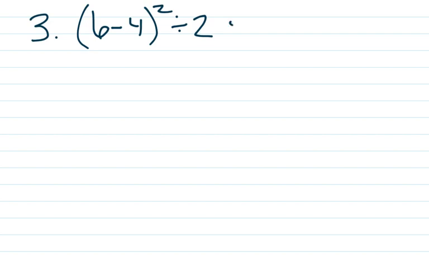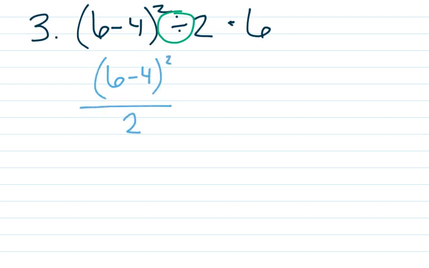So if you think back to, again, Algebra 1, when you were first introduced to a lot of this stuff, you looked at something like this and said, oh, okay. But remember that we don't write division like this anymore. So if you do see this problem now, you're actually going to see it written as 6 minus 4 squared divided by 2 and all of that times 6.